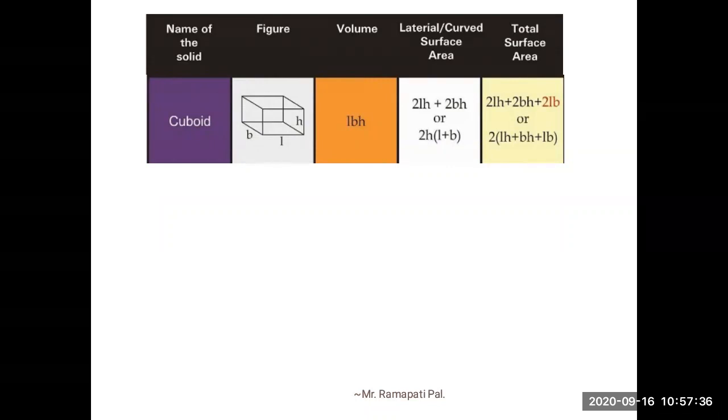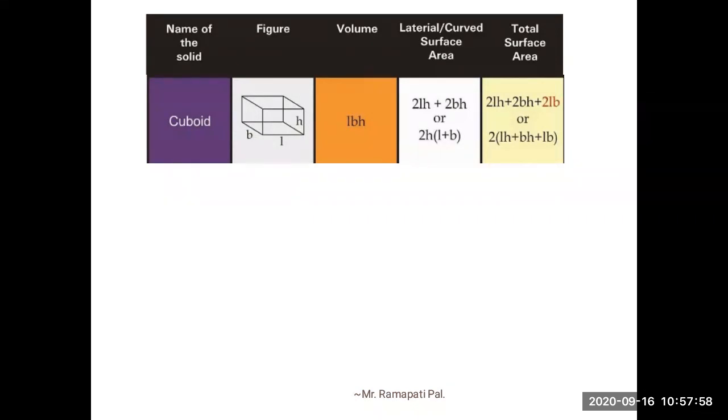Whatever answers are coming in the chat box, everyone's answer is correct. So the edges are 12, vertices are 8, faces are 6. So everyone has given the correct answer. Means you know what is cuboid.